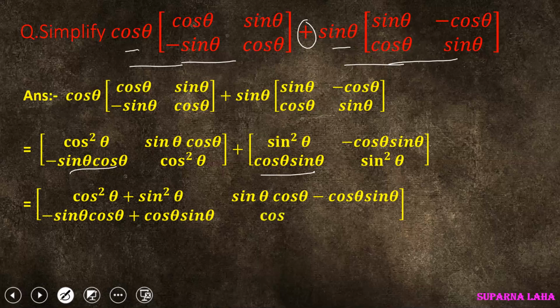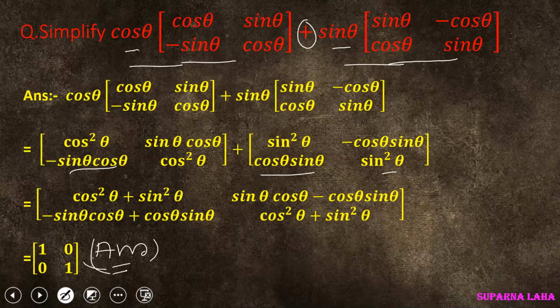Next is cos square theta plus sin square theta. Now just put its value. What is cos square theta plus sin square theta? 1. Sin theta cos theta minus cos theta sin theta, 0. So the ultimate answer is given by 1, 0, 0, 1. This is the simplest form of this given problem.